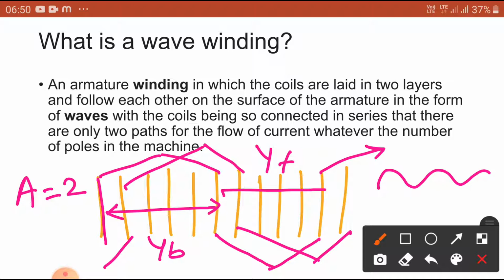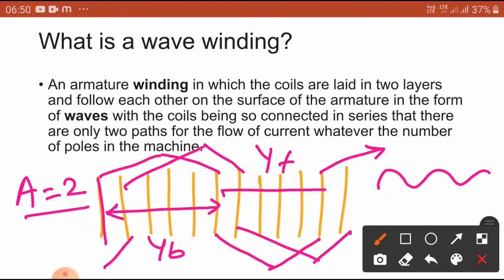If the poles are 2, 4, 6, 8, then the number of parallel paths increases in the case of lap winding, where we require high current, low voltage. But in the case of wave winding, we require more voltage and less current. That's why, independent of the number of poles, the total number of parallel paths is only 2.